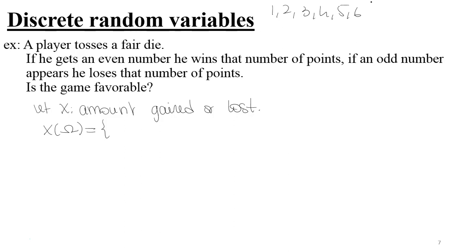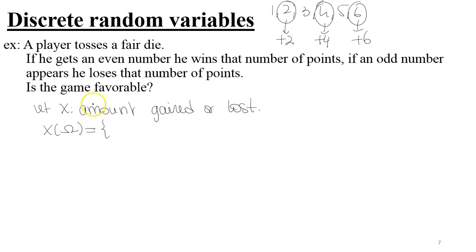So over here it says if he gets an even number, he wins that point. So these are the even numbers. If he rolls a 2, he would have a plus 2. If he rolls a 4, he's expected to have a plus 4. And if he rolls a 6, he's expected to have a plus 6.